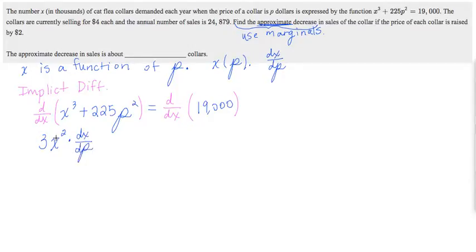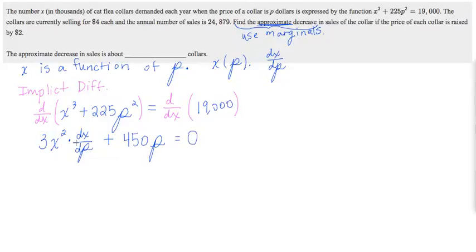Plus 225 times 2 is 450p to the first. And there is no dp, because p is like your x usually. It's the independent variable. And then the derivative of 19,000 is 0.